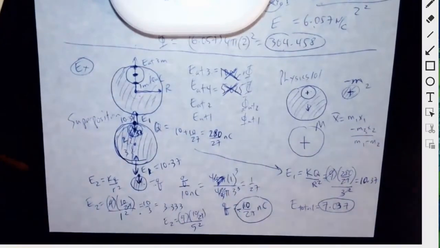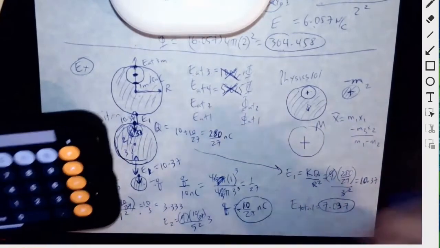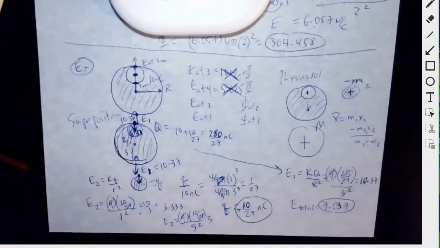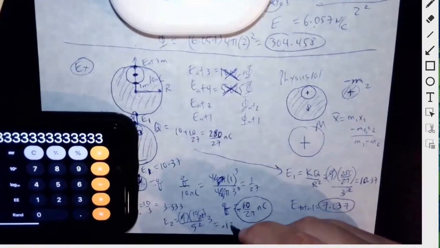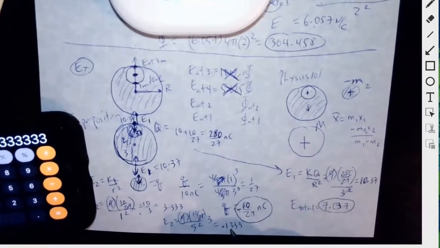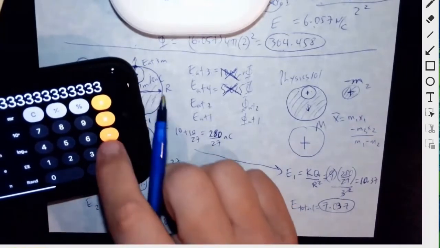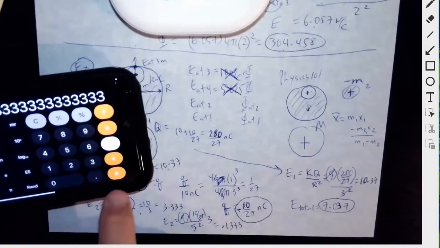So you get what here? 10 divided by 3 divided by 25. Ooh, very small. So then I subtract 10.37 minus 0.133.